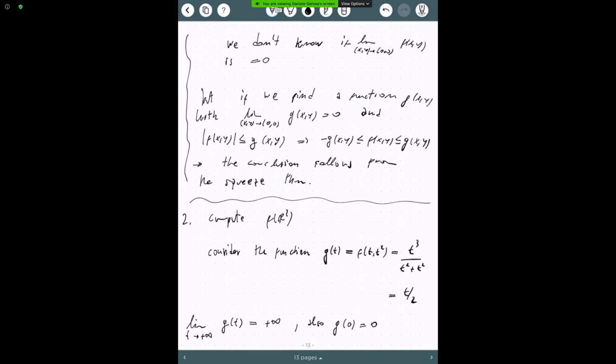So it's clear that g of [0, plus infinity) gives you [0, plus infinity), right? And the same thing happens also for the limit for t that goes to minus infinity of g of t, and it's equal to minus infinity.